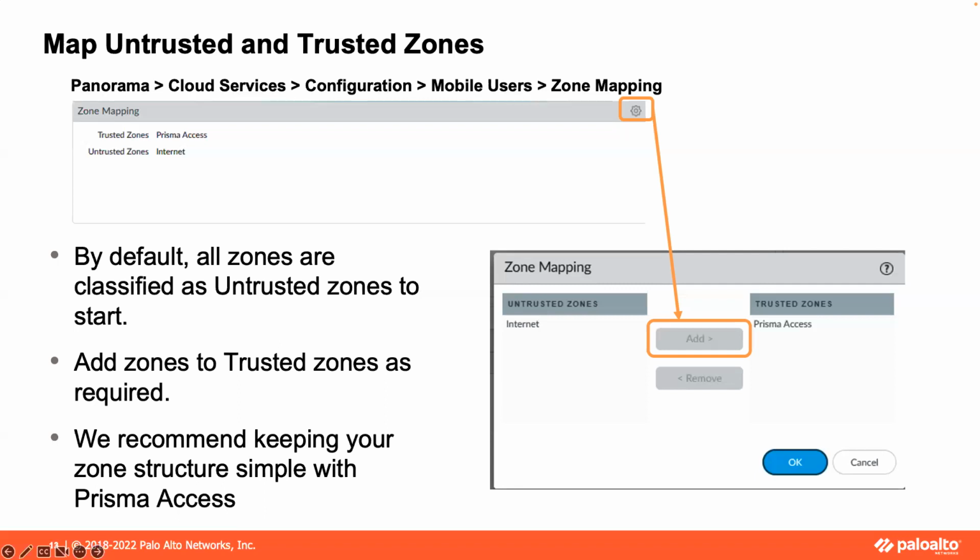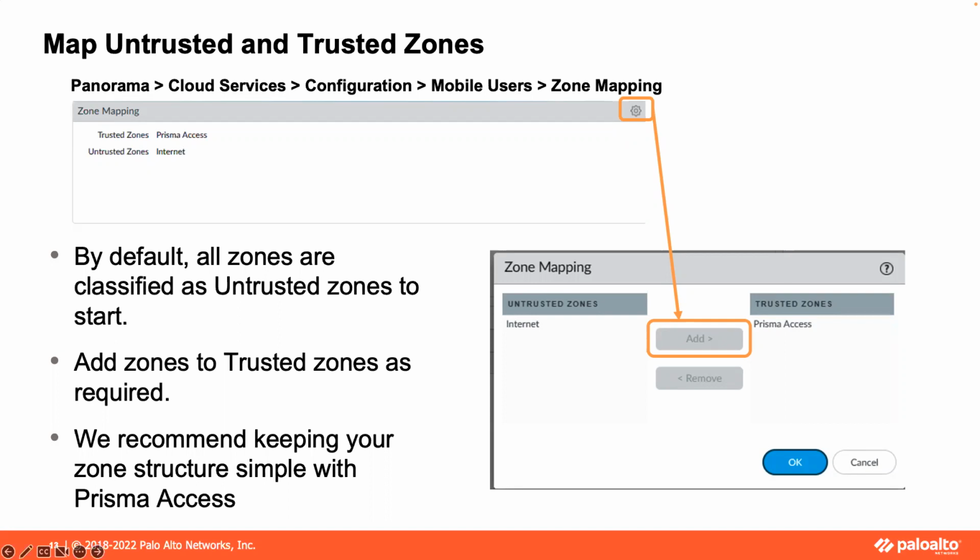Prisma Access only understands that there's traffic that's inside of Prisma Access, which is called trusted, or the trust zone, and traffic that's out on the internet that's dirty, that's not trusted, the untrust zone. So if you have existing zone names, you map them over to one side or the other.